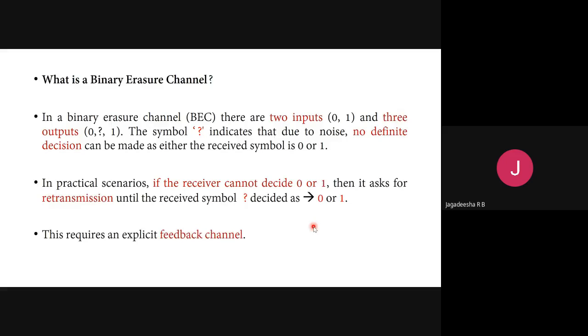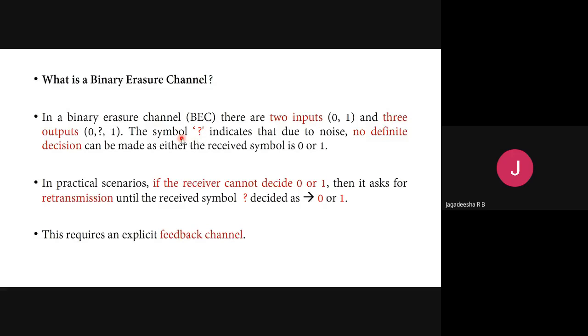Now this requires an explicit feedback channel. Along with the transmission channel, we also need a feedback channel. Why do we need it? Because the receiver wants to convey to the transmitter that there was an error: I could not understand what was transmitted, I still have a question mark whether it was 1 or 0, so tell me, what did you transmit?